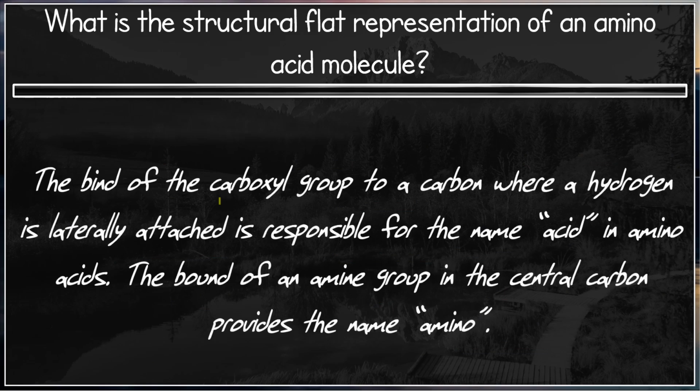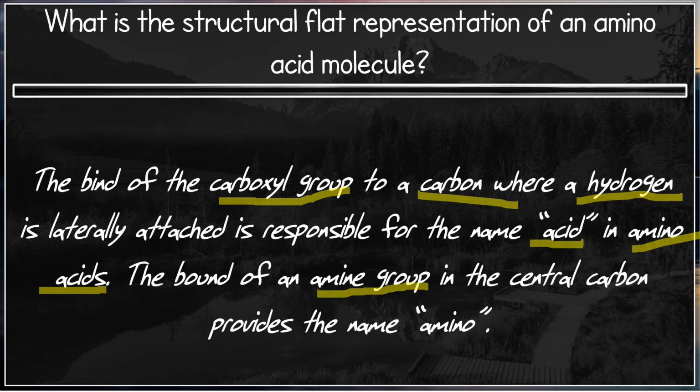The carboxyl group bound to the carbon, where a hydrogen is literally attached, is responsible for the name acid in amino acids, and the amino group bound on the central carbon provides the name amino.